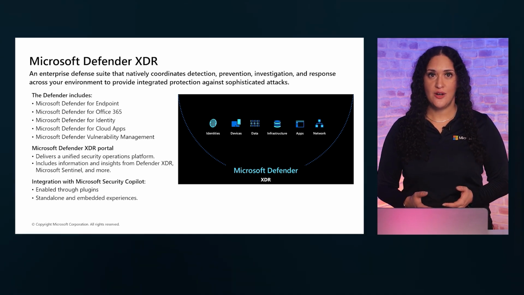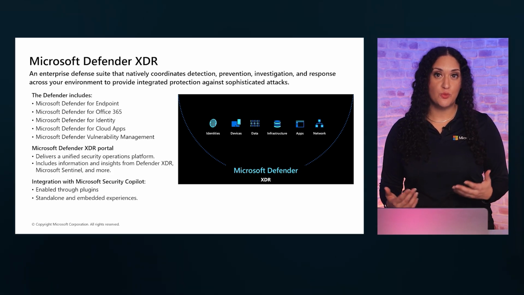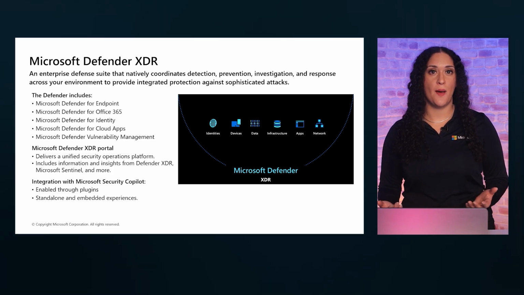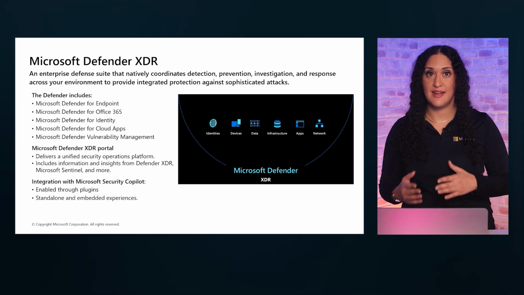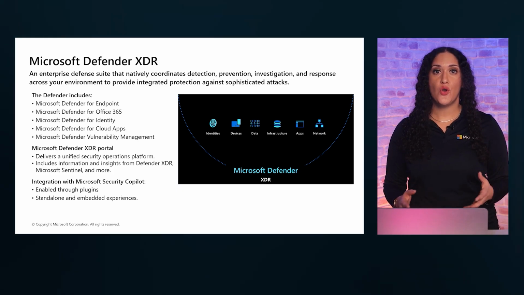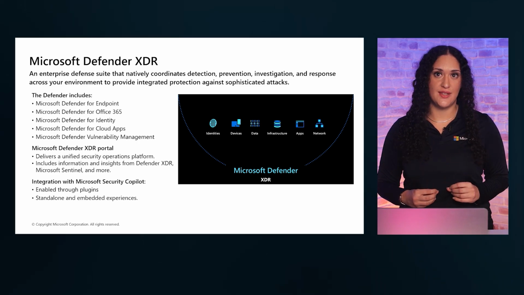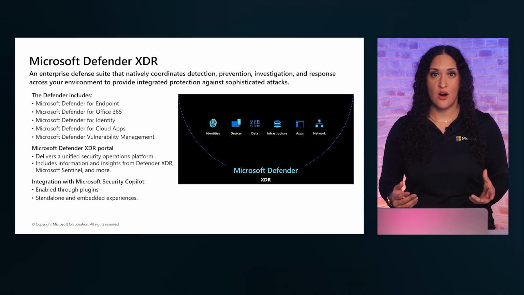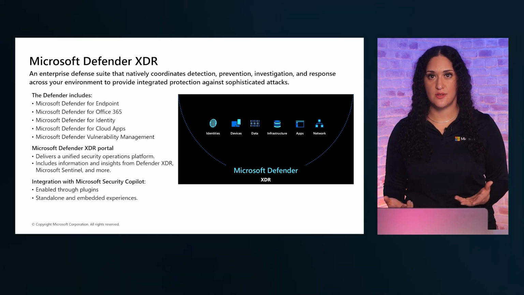Microsoft Defender XDR helps organizations detect sophisticated attacks that span multiple stages and services. For example, a phishing email that leads to credential compromise and lateral movement to devices or cloud apps. By automatically correlating alerts and enriching them with threat intelligence, Defender XDR reduces investigation time and enables faster response actions.